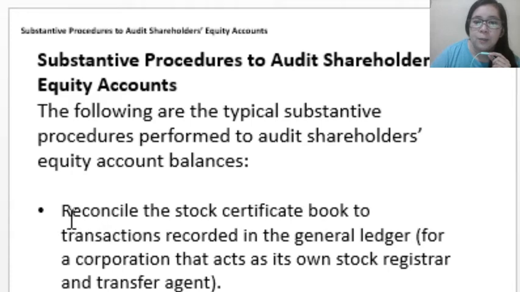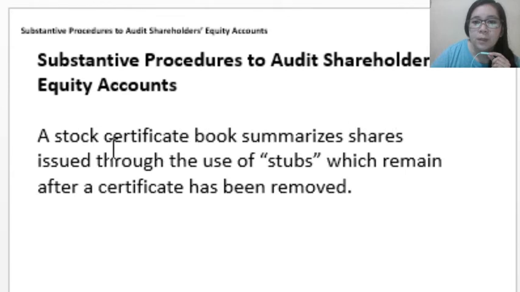Another procedure is that the auditor can also reconcile the stock certificate book to the transactions which are recorded in the general ledger. This is for the client which acts as its own stock registrar and transfer agent. A stock certificate book is where the shares issued are summarized.